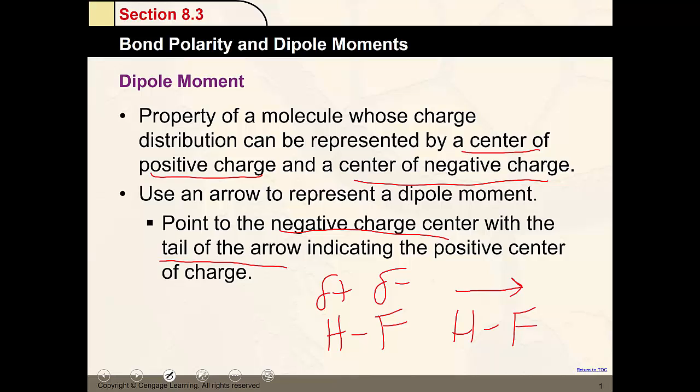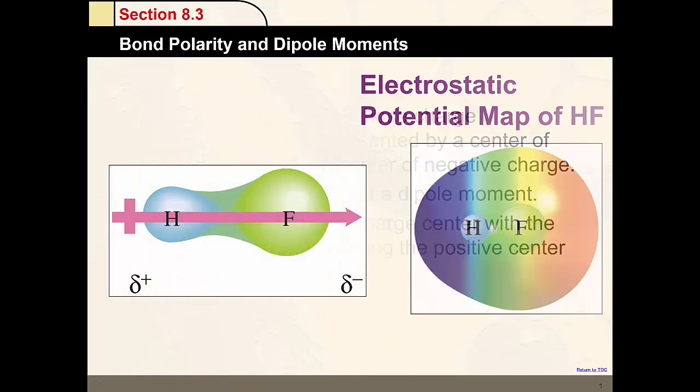With the tail of the arrow, you just put a little tail on it, and it makes sense because this end looks like a positive sign. So that indicates the positive part of the molecule, and the head of the arrow indicates the negative part of the molecule.